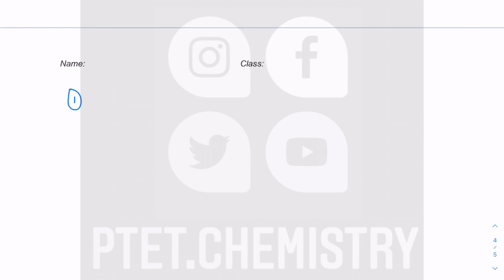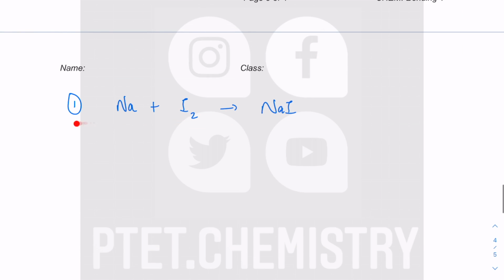All right, so I have sodium plus iodine giving you sodium iodide. Sorry, this is not a balanced chemical equation, because this is I2 and I cannot change the identity of it. That means there are 2 iodine atoms, and this again is the formula for an ionic compound, so I cannot change the identity.